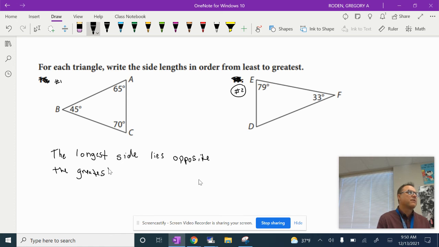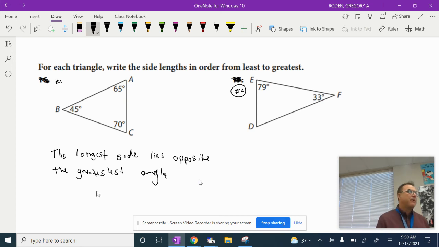That's the key here. You guys understand that? Okay. So for each, write the sides in order from least to greatest. And we're going to use an inequality for this.